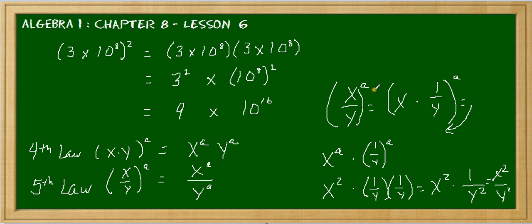It means that the exponent is applied to both the numerator and the denominator, and we went through this the long way to prove that. We used the example of 2, but we could have used any number. We could have used 3 and put 1 over y times 1 over y times 1 over y, and we would end up with 1 over y cubed. So you can see, rolling it back, why this is so.